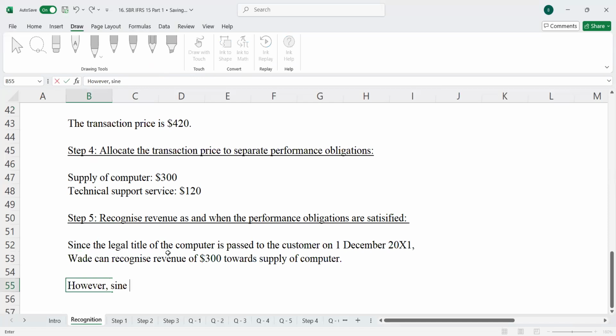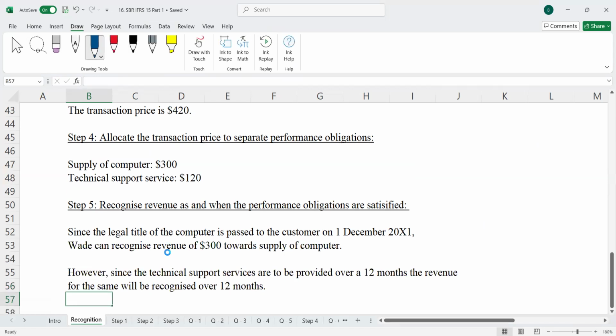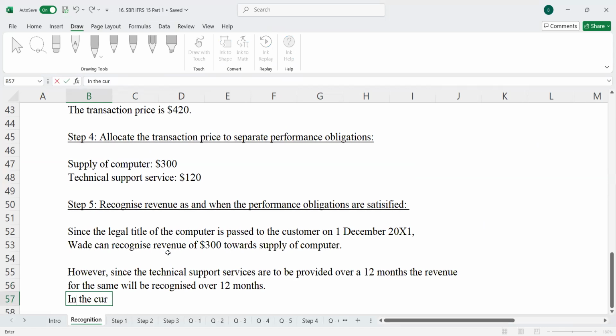However, since the technical support services are to be provided over 12 months, the revenue for the same will be recognized over 12 months. In the current financial year, only 1 month of technical support service has been provided.